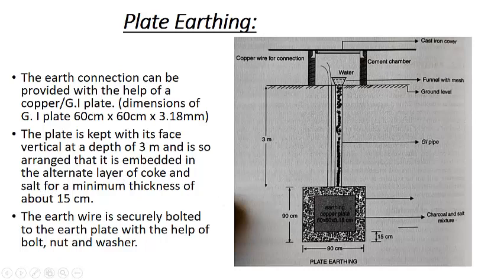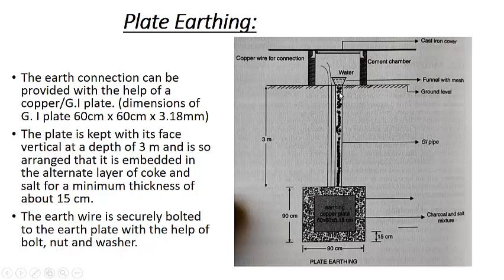Then a GI pipe is connected from here to here so that the connection is taken to the copper wire. The earth wire is securely bolted to the earth plate with the help of bolt, nut and washer.